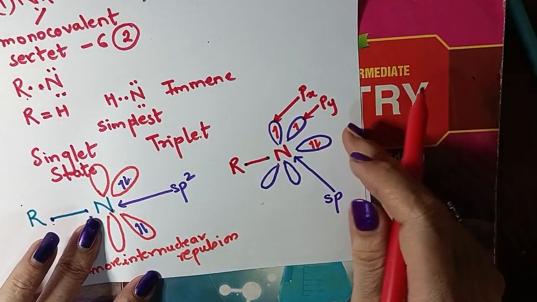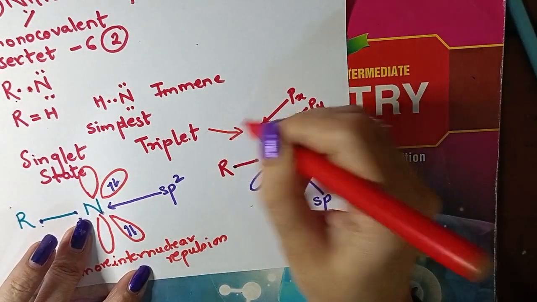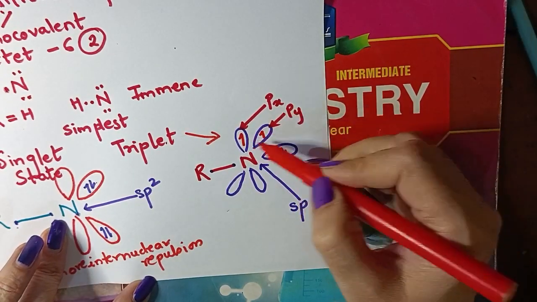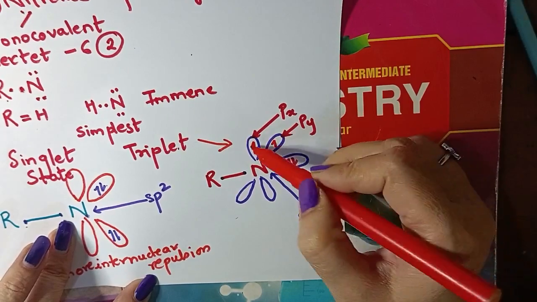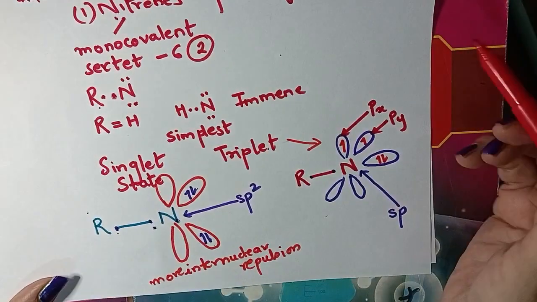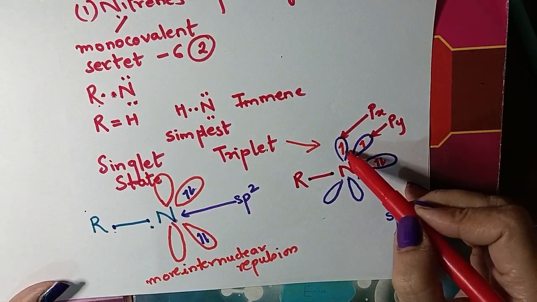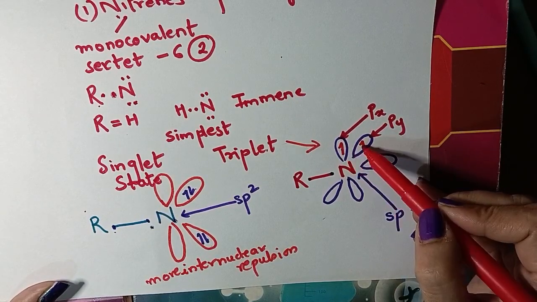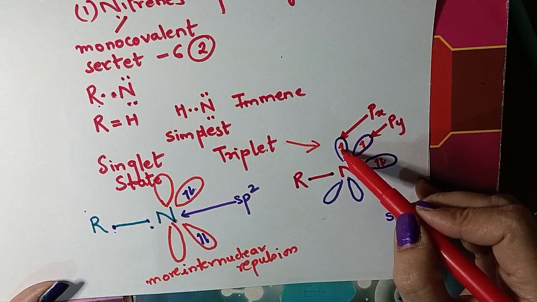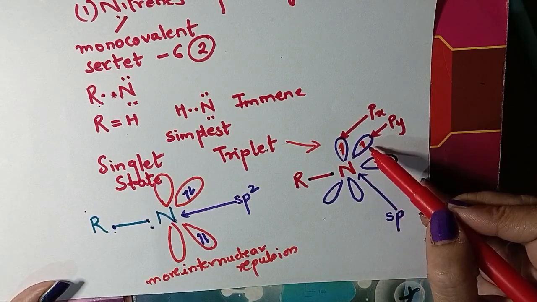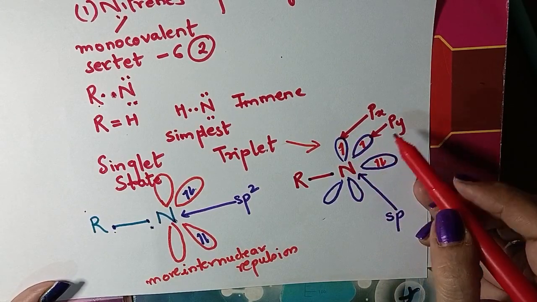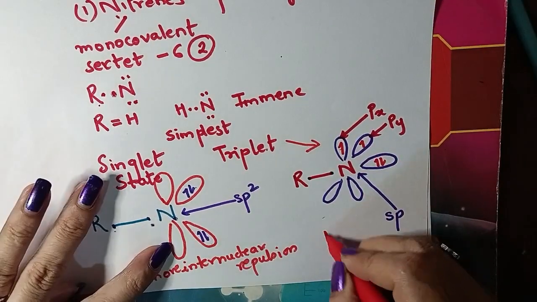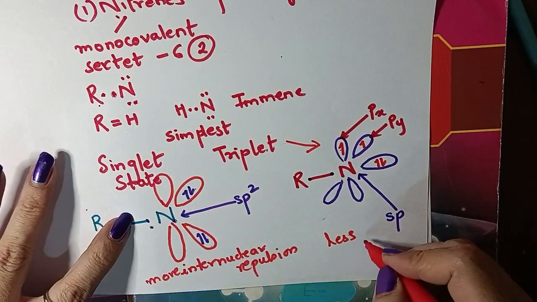In this triplet state, it is sp hybridized, there is only 1 lone pair and the electrons are separately distributed, 1 each in the p orbitals. This minimizes the internuclear repulsion, which means there is less internuclear repulsion.